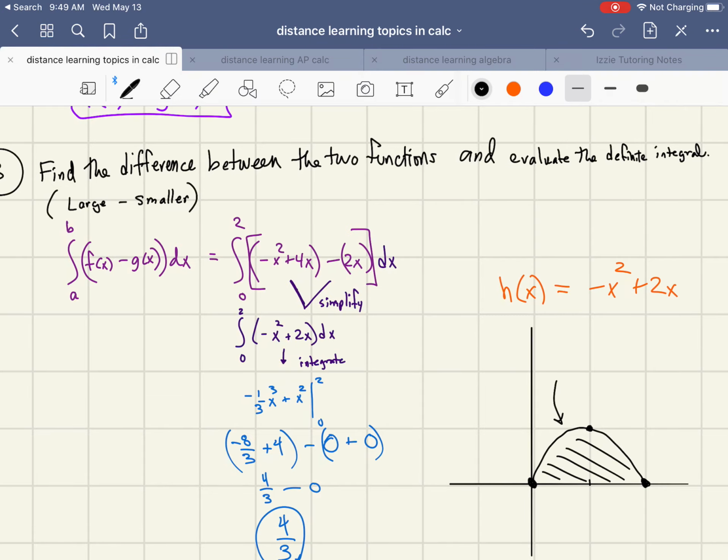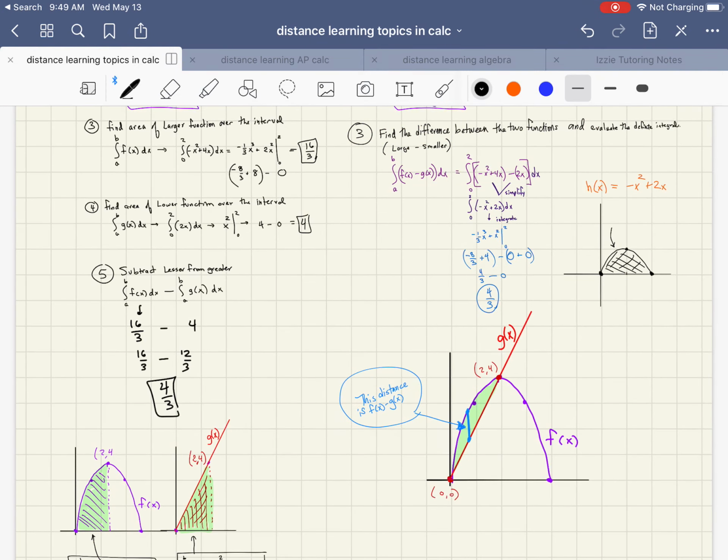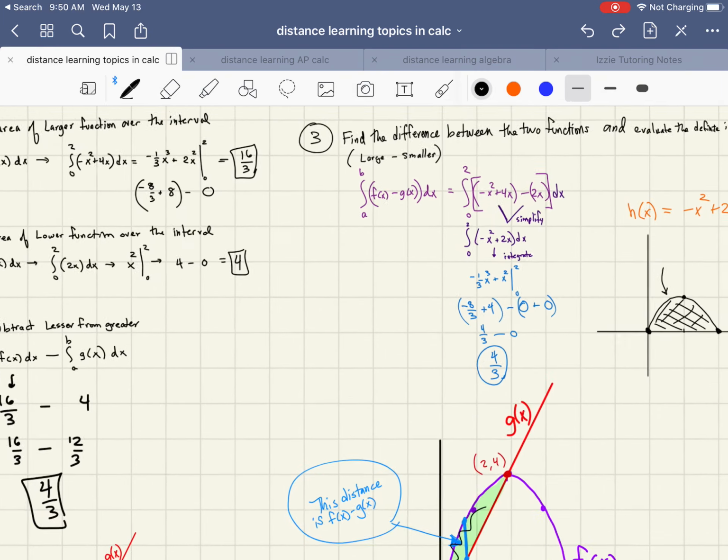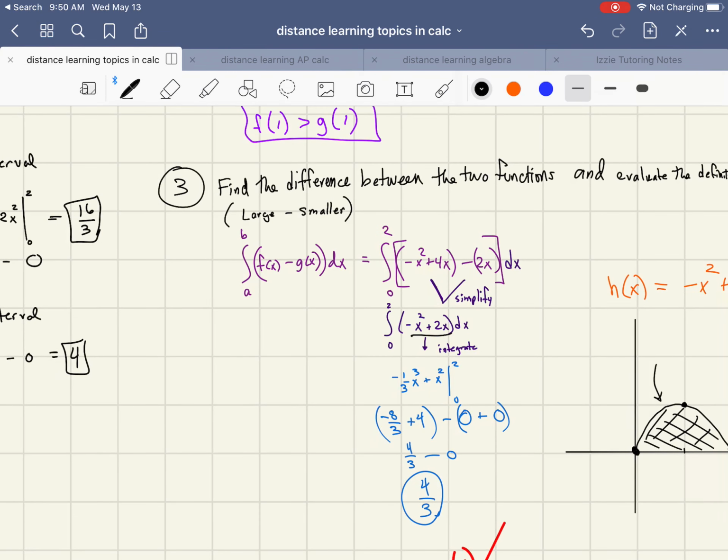And the area under that curve will be exactly the same as the area between these two curves. So it's essentially finding a new function that has the same area as the area between those two curves. So I have that function, I integrate, I evaluate, and I end up with the same exact answer. So that's the whole process of finding the area between two curves.